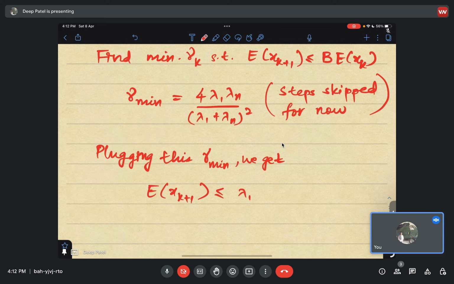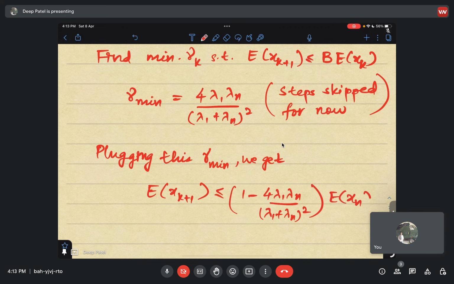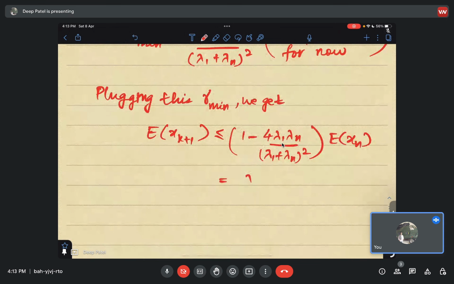lambda 1 minus lambda n squared by lambda 1 plus lambda n, 1 minus 4 lambda 1 lambda n over lambda 1 plus lambda n whole squared, exn, and this is nothing but lambda 1 minus lambda n.